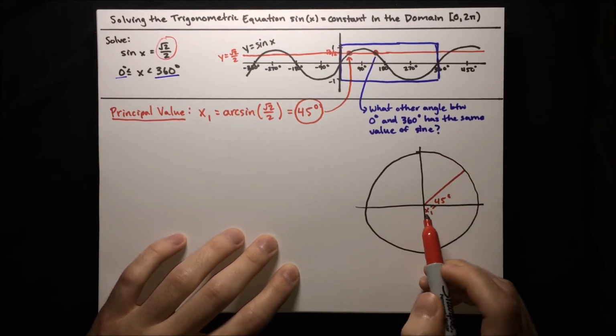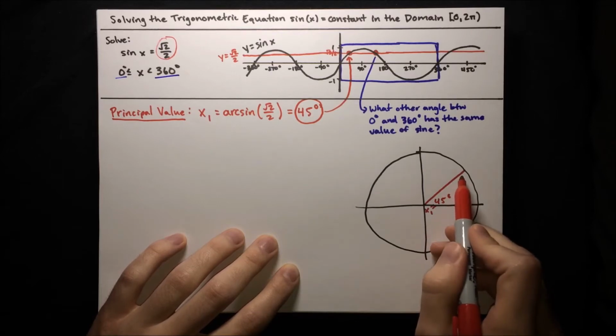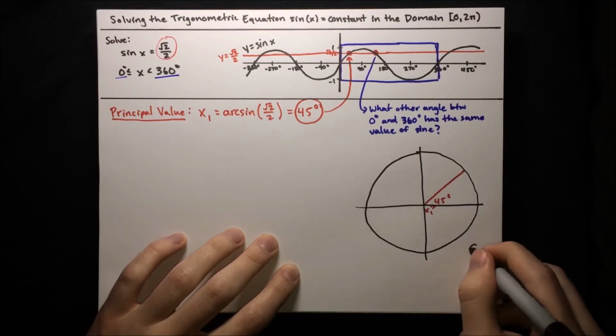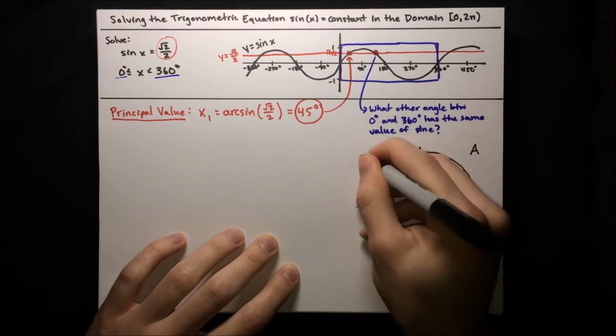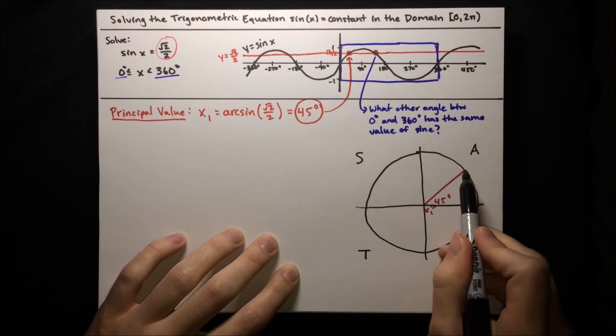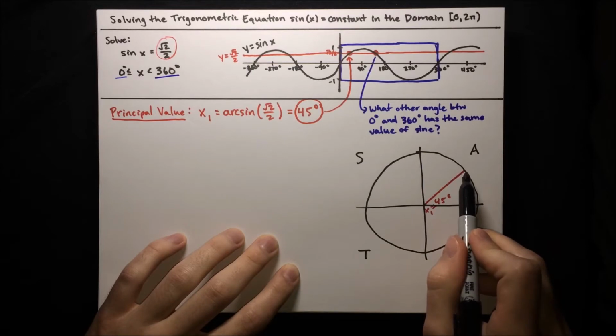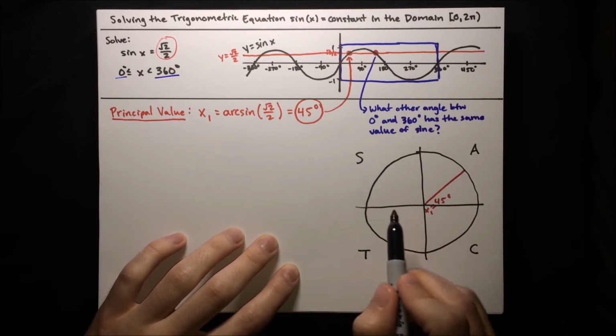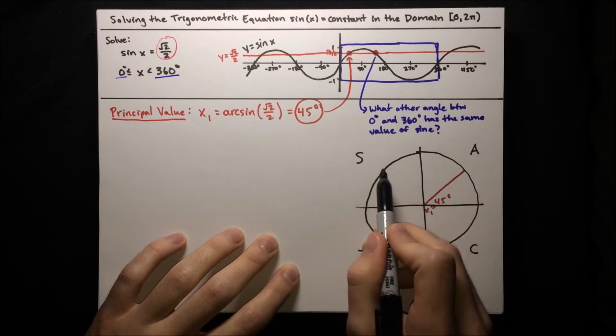And now we want to figure out what other angle has the same value of sine. So let's think about our CAST diagram here, which tells us where various trig functions are positive. So we want to find where else sine is positive. Sine is positive here because all are positive, and we want to see where else is sine positive. Well, S, that stands for sine, so it's also positive in this quadrant.